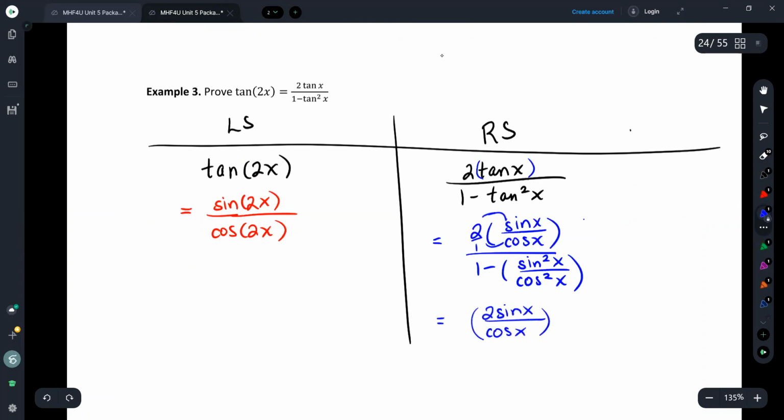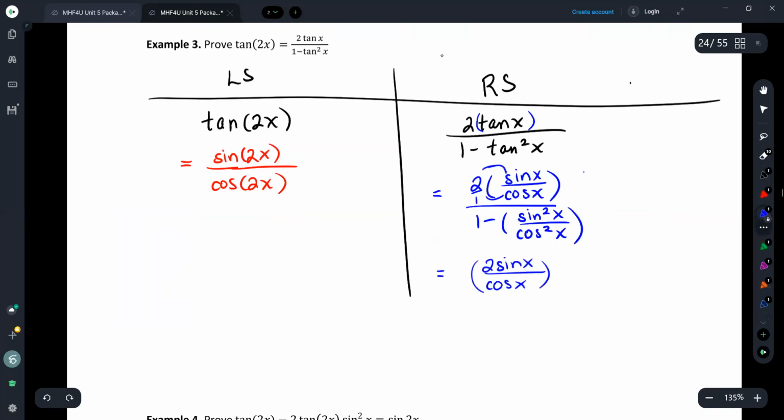That's the top. On the bottom, if I have two things that are being subtracted here, and one of them is a fraction, I'm going to need a common denominator. So I'm going to multiply this by cos squared on top and bottom so that I can put these together in one single fraction. That's the only way I'm really going to be able to simplify anything here.